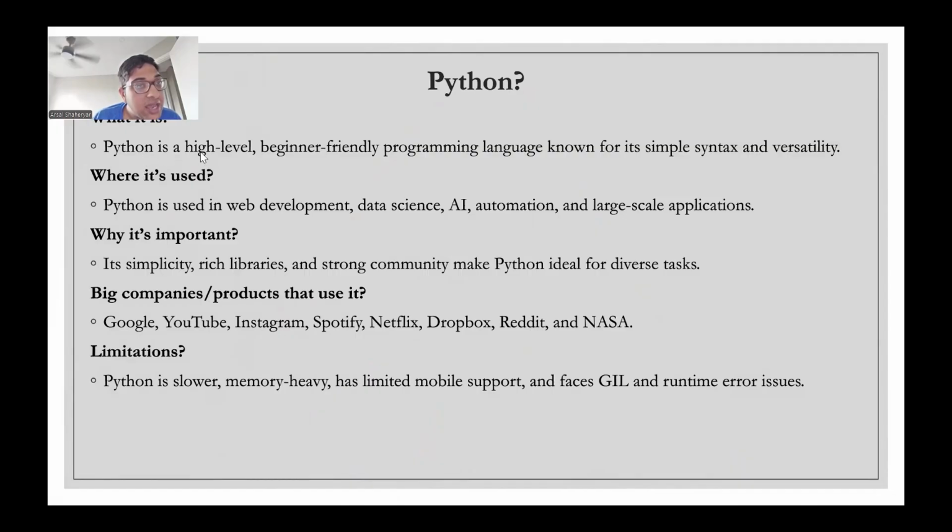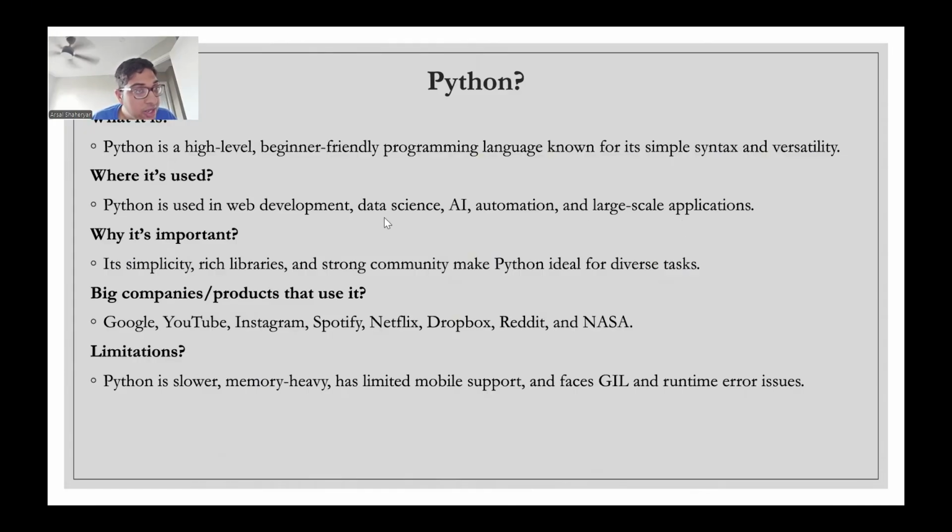So Python is a high-level beginner-friendly programming language known for its simple syntax and versatility. You may be asking, where is Python used? Python is used in web development, data science, AI, automation, and large-scale applications.